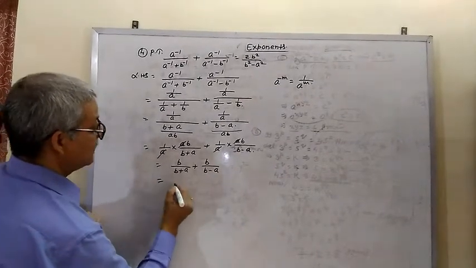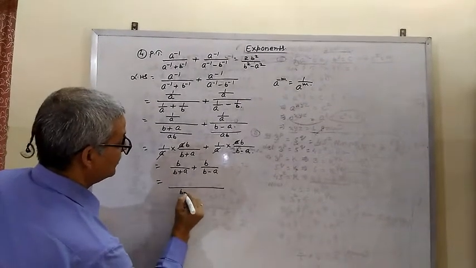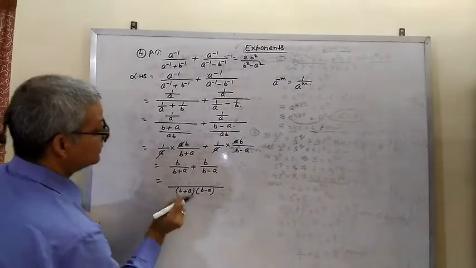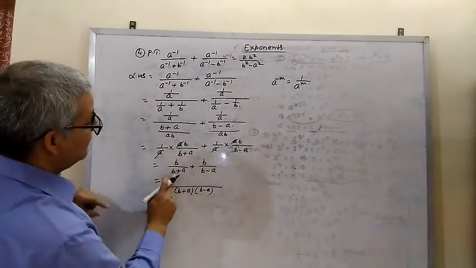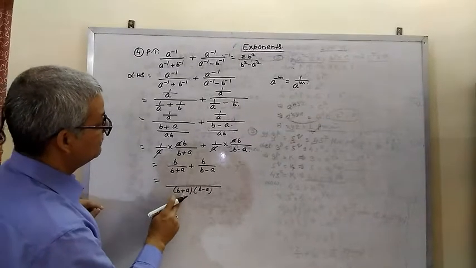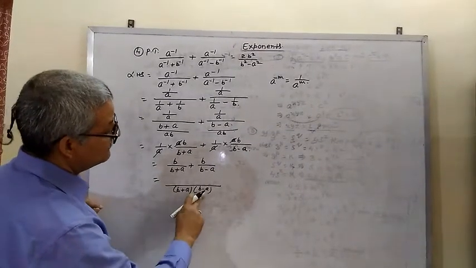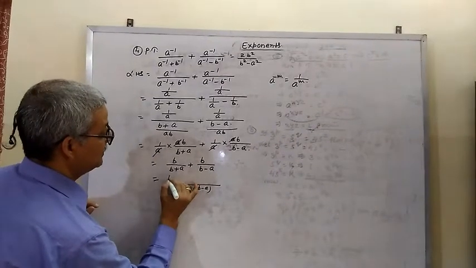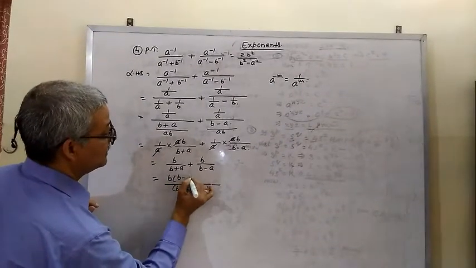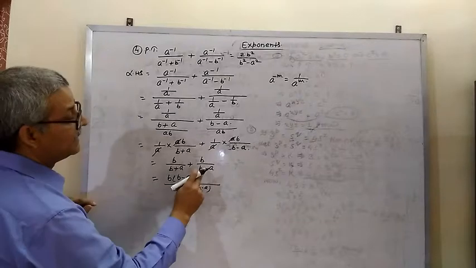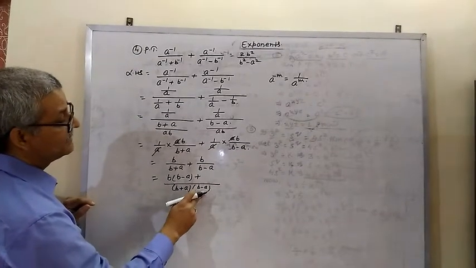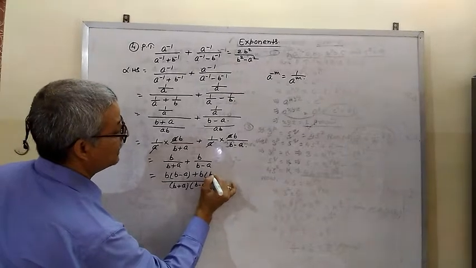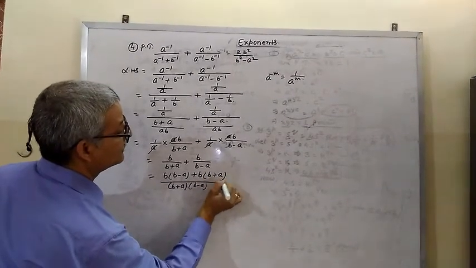Now take the LCM, b plus a into b minus a. Divided by b plus a, then b plus a cancels. The quotient left is b minus a, and this quotient is multiplied with the numerator b, so it is b into b minus a, plus, again b minus a cancels. Here the quotient left is b plus a, and that quotient is multiplied with the numerator, so b plus a.